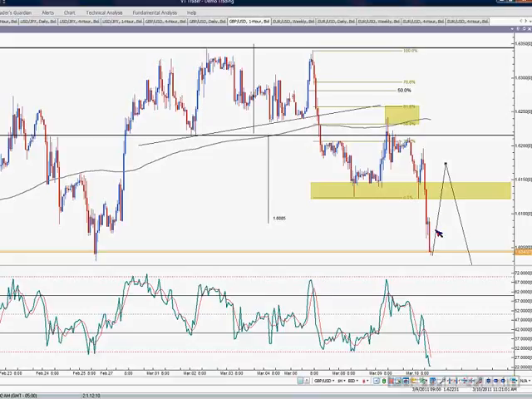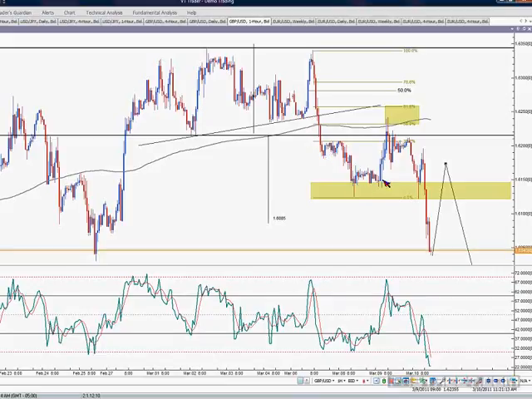Whether this is an impulse wave going down or a corrective wave going down, the fact that this was a corrective pattern and then broke below this corrective pattern shows that this is bearish. You use the combination of price action, because right now, starting here, the bias would have been bearish, and anytime you see a very strong bearish action, that helps you confirm that the momentum is still there, that the intention is still there.